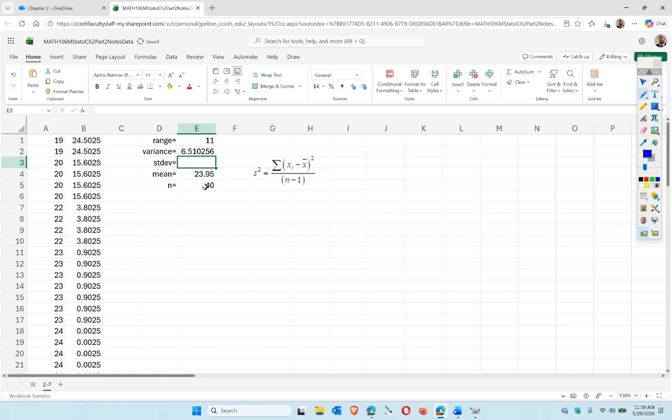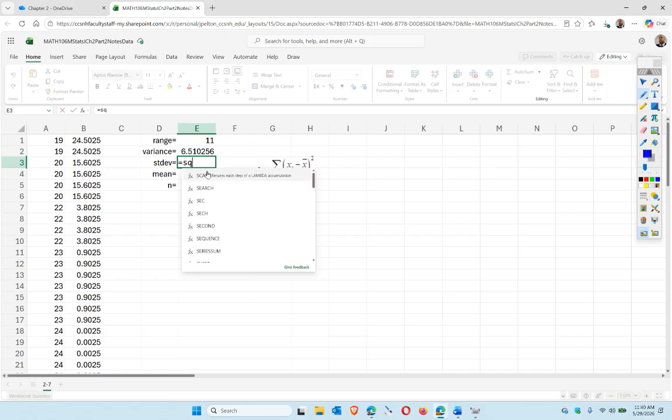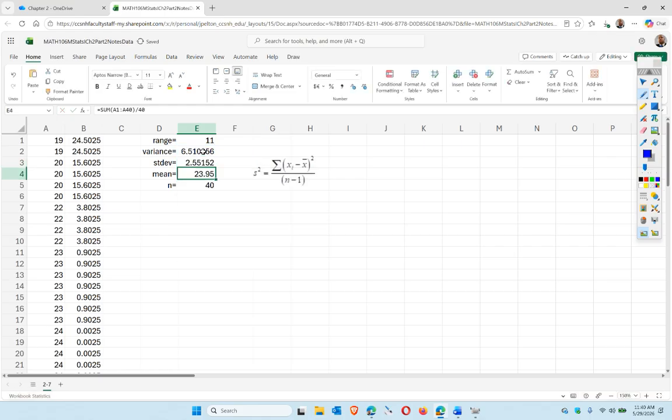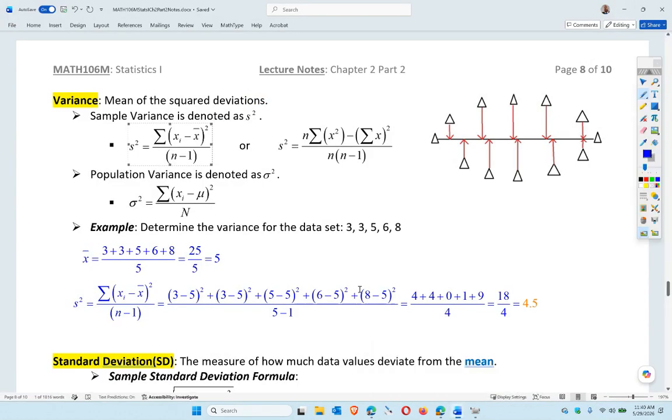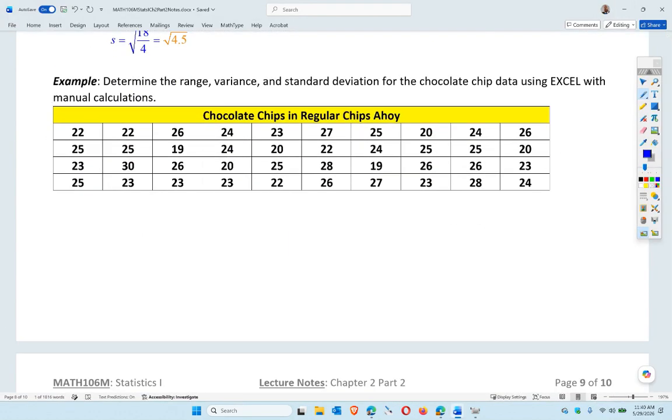Okay, so there is our variance, and therefore we need to square root that value, and that'll give us our standard deviation essentially. Okay, so going back to the notes, we fill in the things that we got for the chocolate chip data.